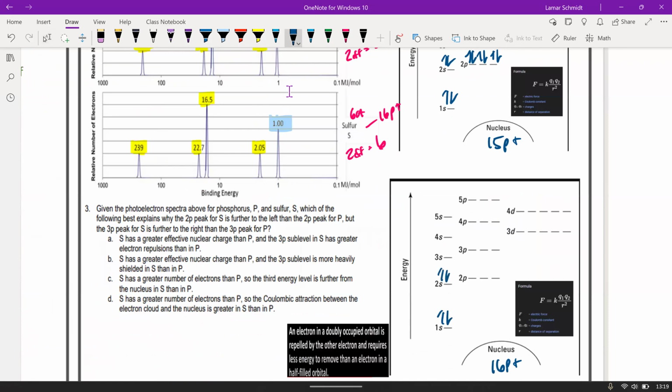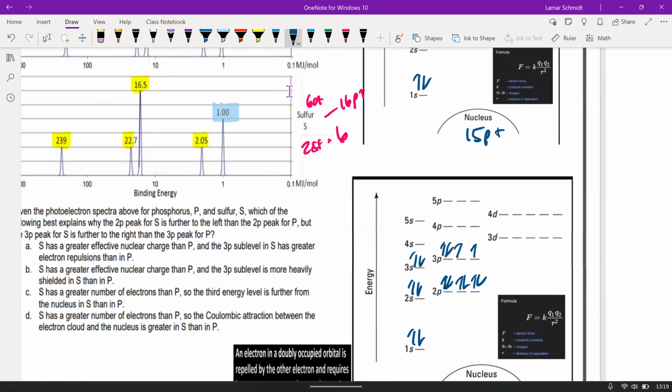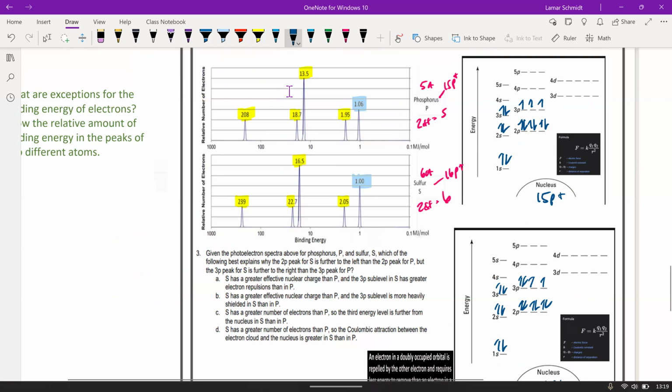I'm just going to show this. Up, up, up, down, down, down, up, down, up, up, up, and down. Now, what we see here is that we have 2 conditions at this 3p orbital. Here we see a condition for phosphorus in which we have 3 electrons with parallel spin, and they're each in their degenerate orbitals.